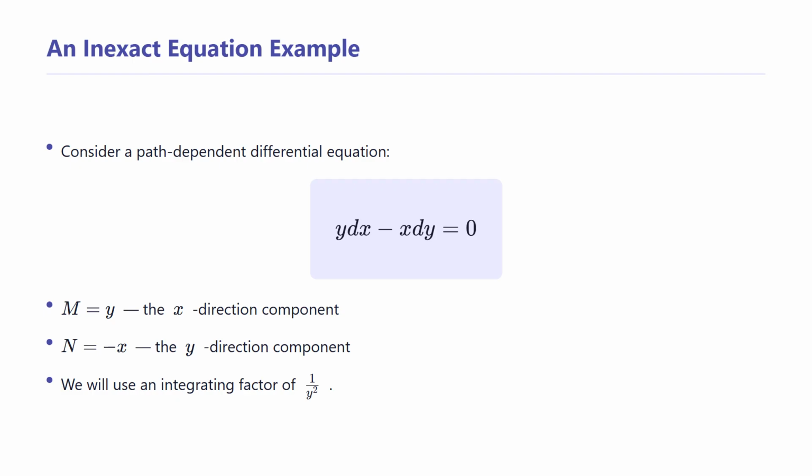Let us see how this transforms our impossible mountain into a perfectly mapped landscape. When y increases, the x component grows, but when x increases, the y component becomes more negative. This twisting nature is exactly what makes it path-dependent and inexact initially.